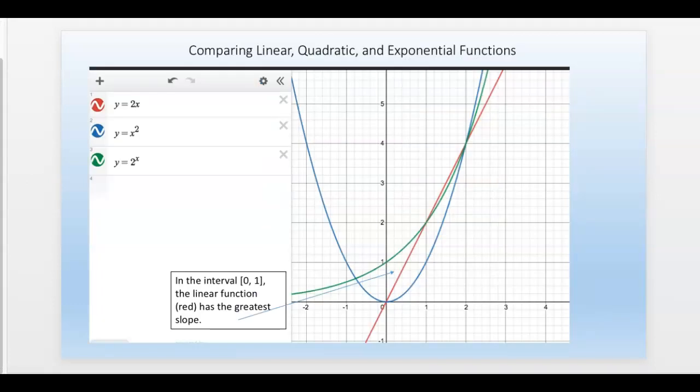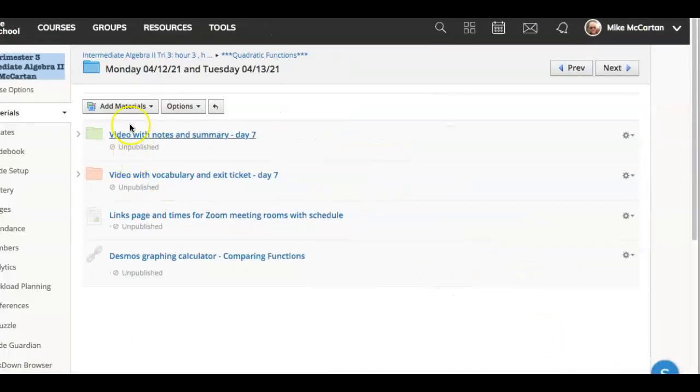Guys, I also want to talk about the rate of change within an interval. This is a very nice thing in Desmos that I did. I'm going to call up today's materials folder. It's not published yet, okay? But if you notice, I put in a Desmos graphing calculator right here.